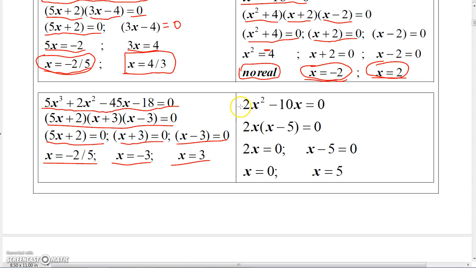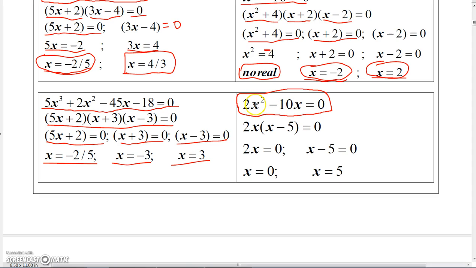I'm going to show you one more here because a lot of times when students get a factor of x, they don't realize that that leads to one of the answers. So here, if I factor this, all you have to do is just factor out the common factor. So 2x will factor into both 2x squared and minus 10x.